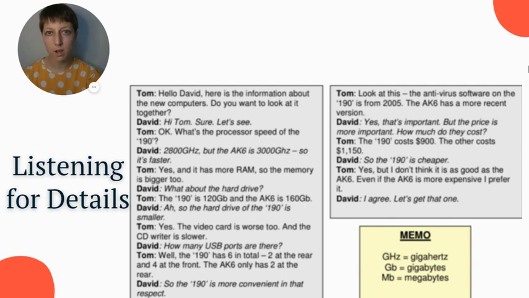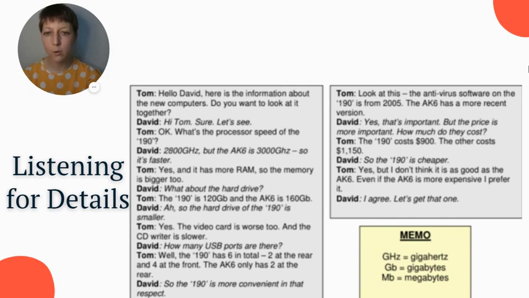David: What about the hard drive? Tom: The 190 is 120 gigabytes and the AK6 is 160 gigabytes. David: Ah, so the hard drive of the 190 is smaller. Tom: Yes, the video card is worse too, and the CD writer is slower.